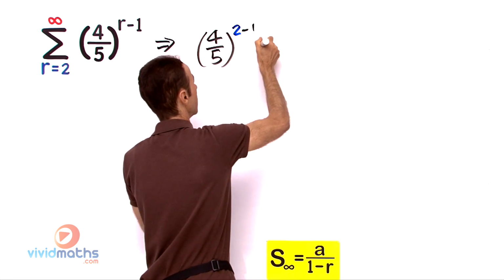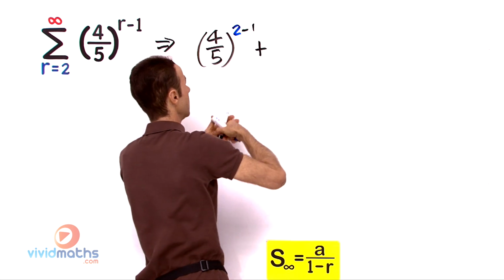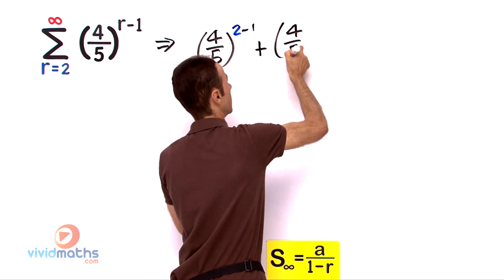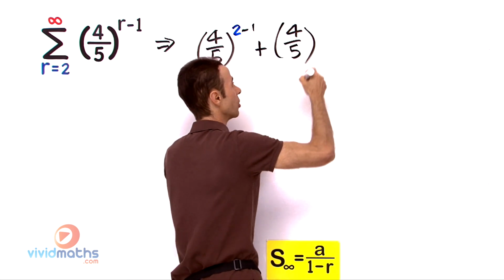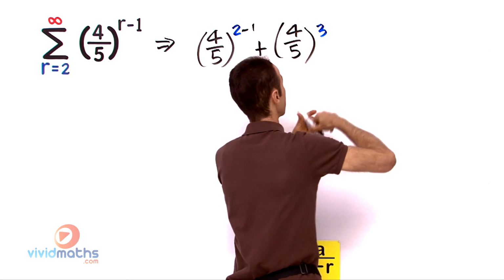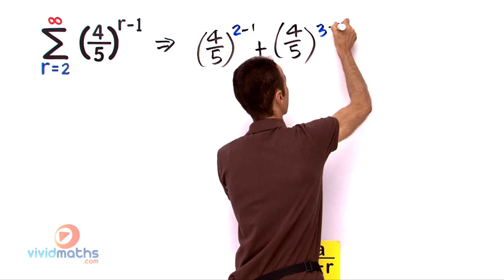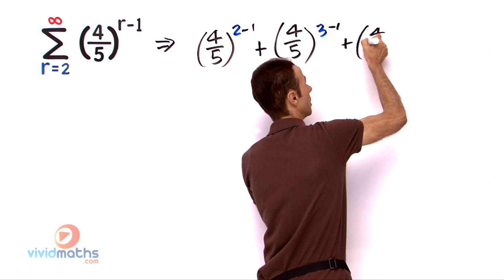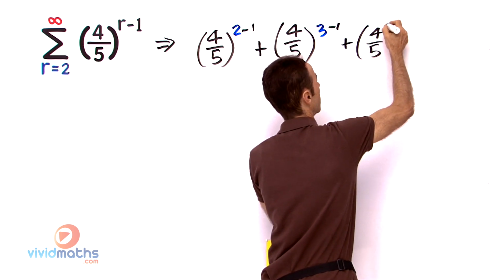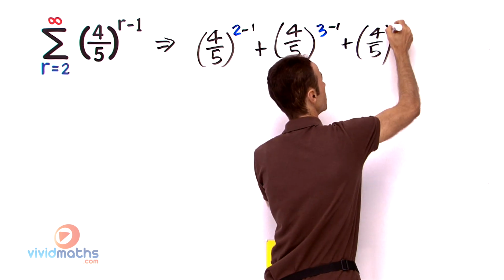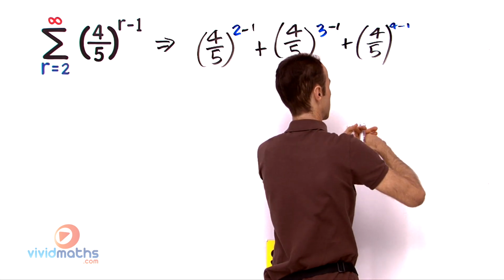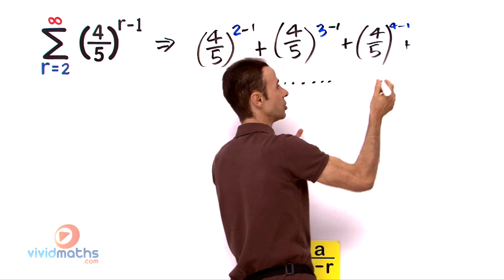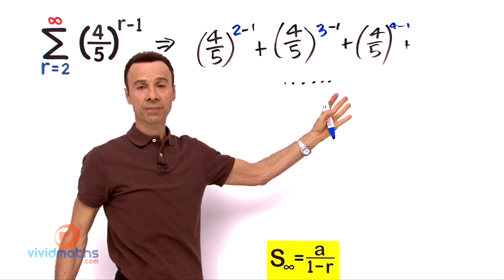And then we add the next term in the series, to the power of the next one, which is 3 take away 1, plus, we're summing because it's sigma notation, 4 minus 1, plus, all the way to infinity.